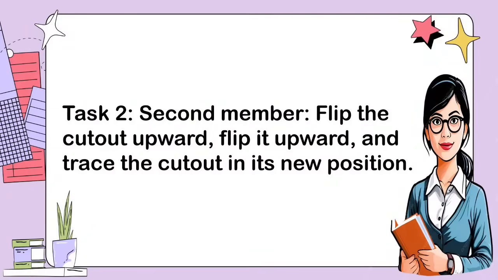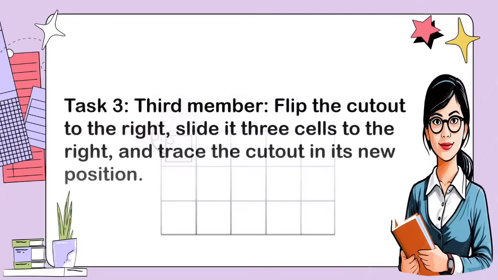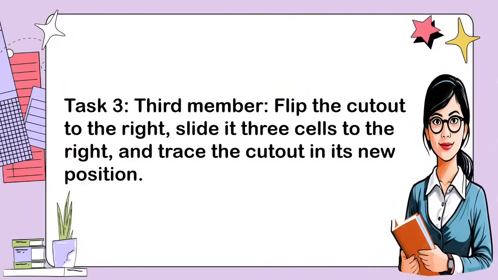Second member, flip the cutout upward. Flip it upward again and trace the cutout in its new position. Third member, flip the cutout to the right. Slide it 3 cells to the right and trace the cutout in its new position.